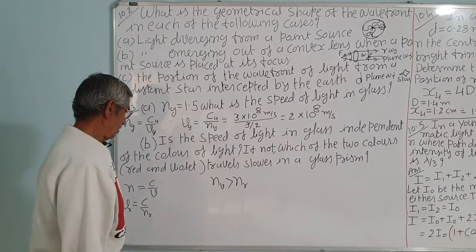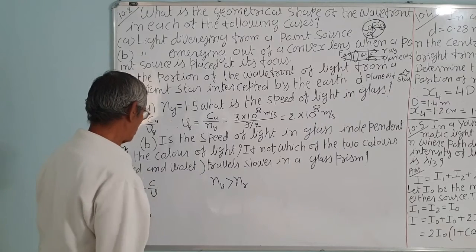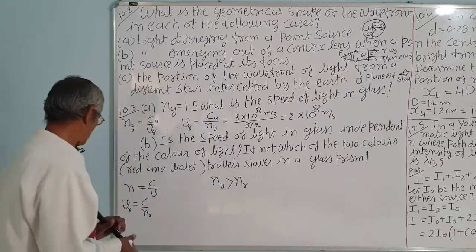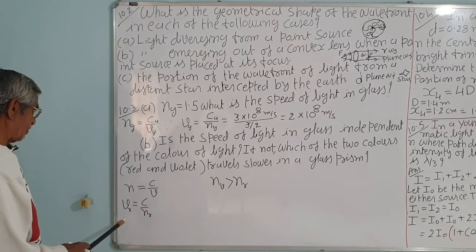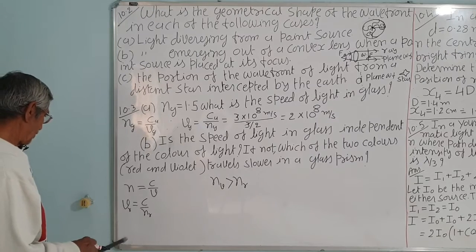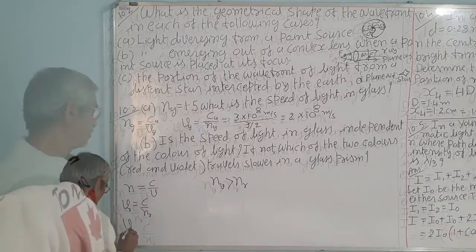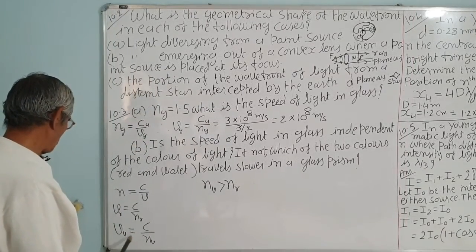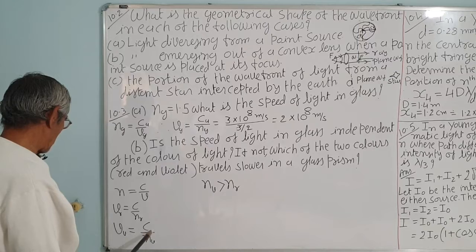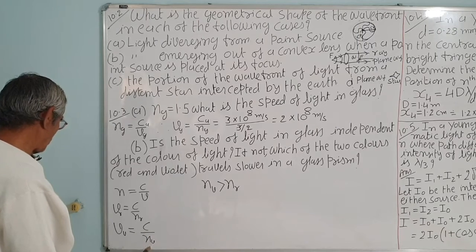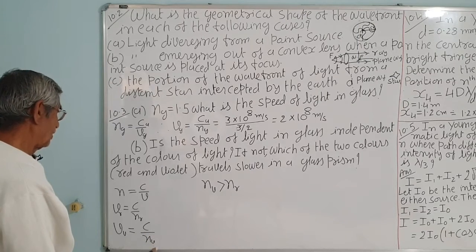Correct? And it depends upon the wavelength also. So velocity is given by this. Now for violet, velocity of violet is equal to velocity of light in air upon refractive index of violet. Correct?